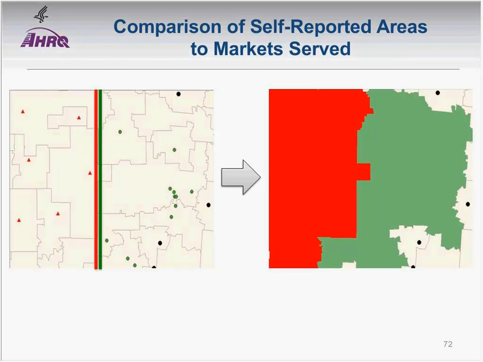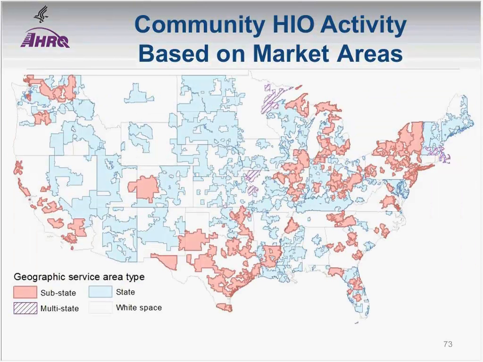So even though the green HIO would say, yes, we serve everybody to the right side of that line, they don't get to claim it because they don't have any participants in those market areas. And so you can see the kind of gaps that grow up. Now we go through all of that on a national level, and this is what we end up with.